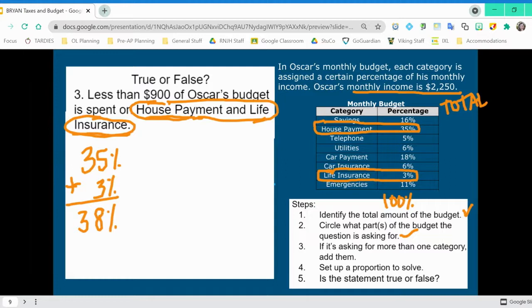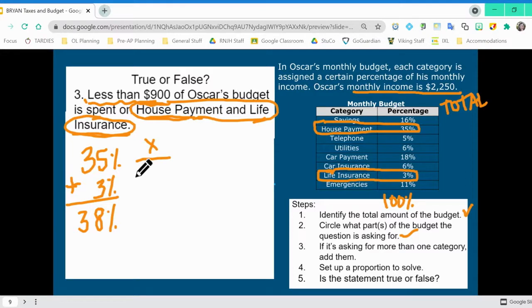So we want to know, what is 38% of Oscar's budget? That's going to help us to know, does he spend less than $900 on his house payment and life insurance, or does he spend more than $900? So we're going to find out by finding 38% of his budget. So we're going to set that up. We're going to put the part, which is going to be his house payment and life insurance money, and that's going to be our X. We don't know what the dollar amount that equals 38% is.